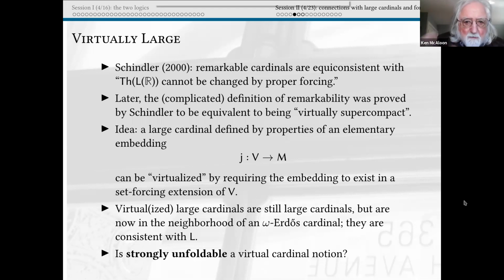Yeah, I have a question. Classically, I'm thinking of Bob Vaught making this remark years ago, about the game that we're playing to define large cardinals: you take a property of omega, like the compactness of ordinary logic, and you assign that property to a big ordinal and call it a new large cardinal.